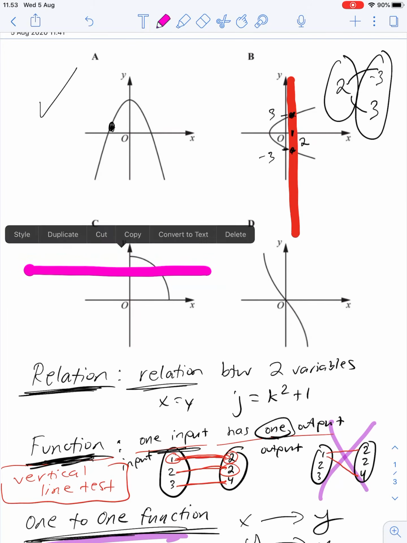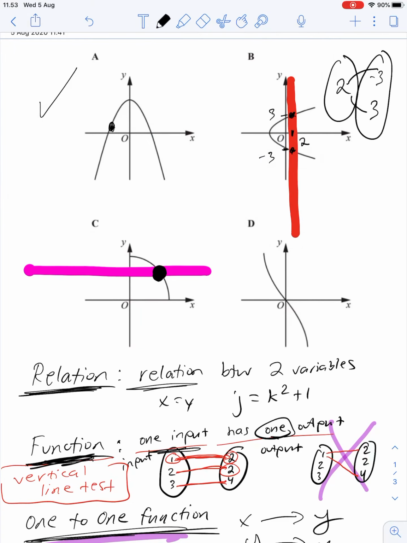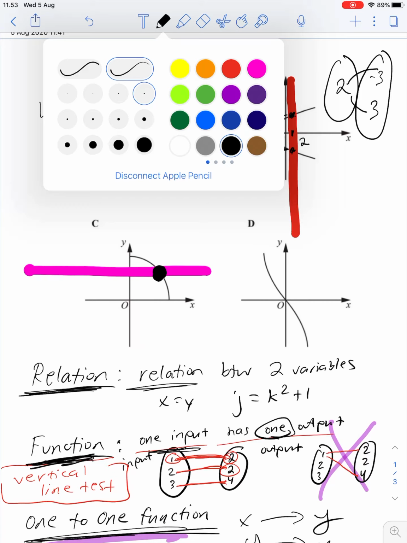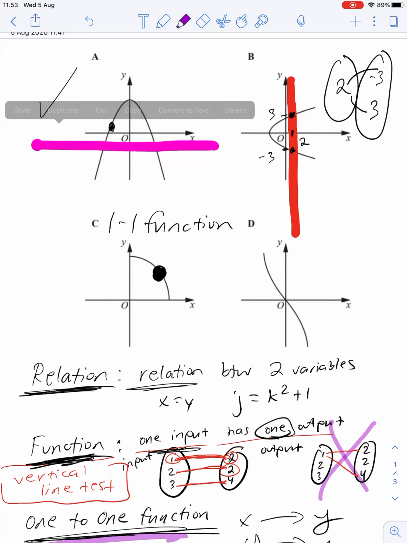Look, if it touches it in one spot, then it is a one-to-one function. If, however, it touches it in two spots, here and here, it is not a one-to-one function.